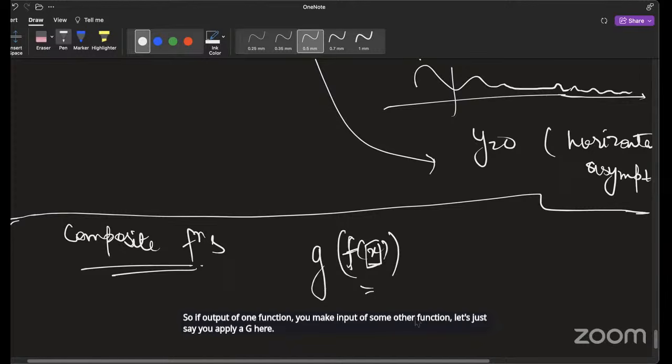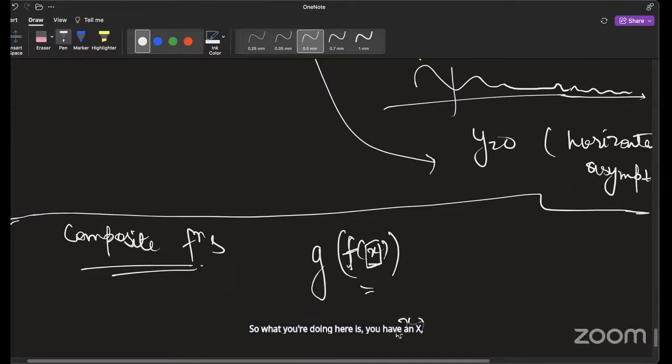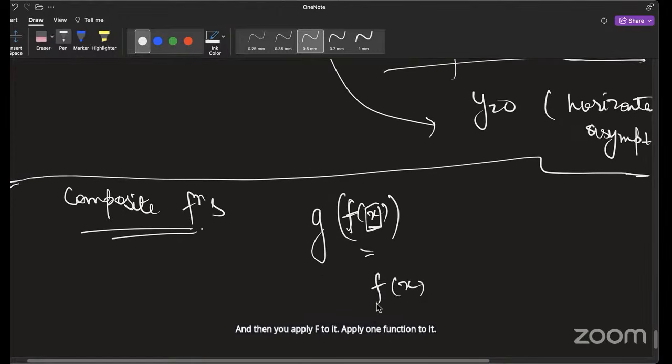You have an x, you apply f to it, and the output of f now becomes the input of g.